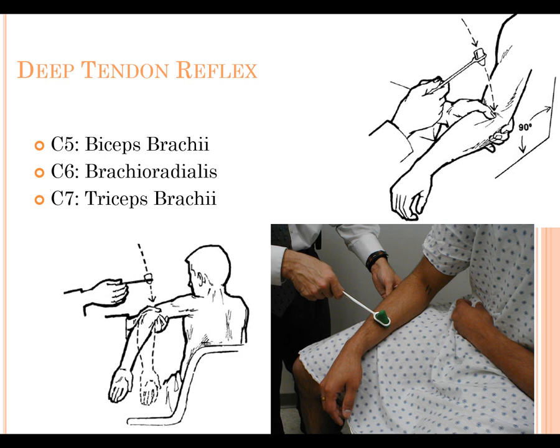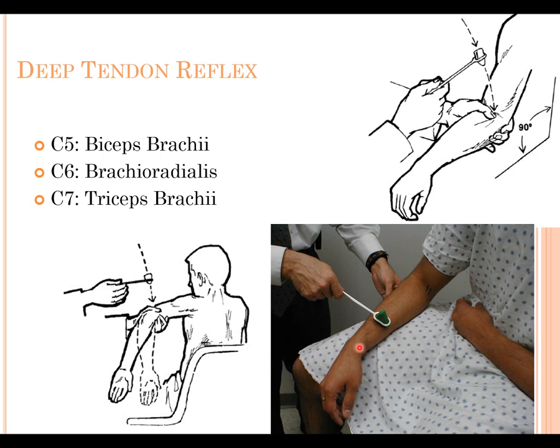The radial styloid process, and it goes all the way up to the lateral side of the humerus. So it's going to start down here, radial styloid process on the radius. It does not cross the wrist joint. It will not do anything in the wrist. Runs all the way up this side of your arm, and it's going to originate right up here, on the lateral side of your humerus. So it's running straight across here.